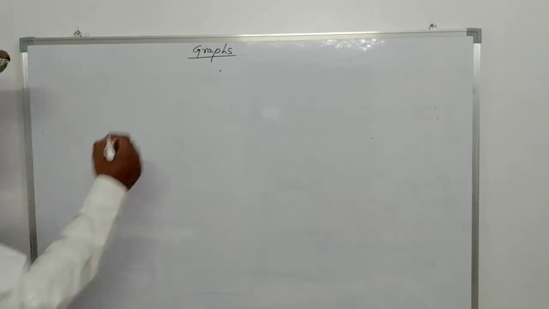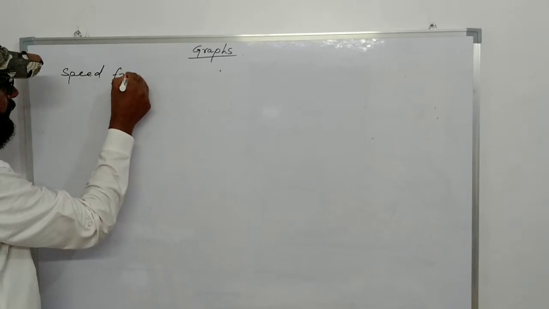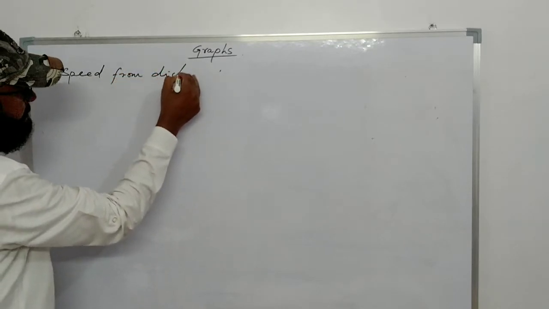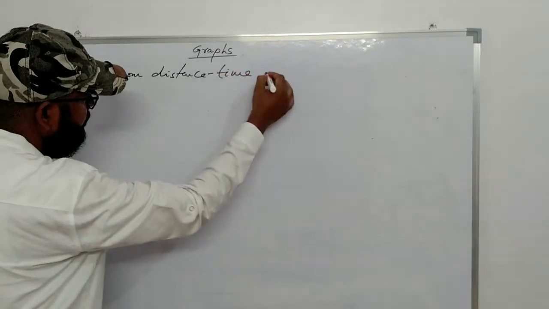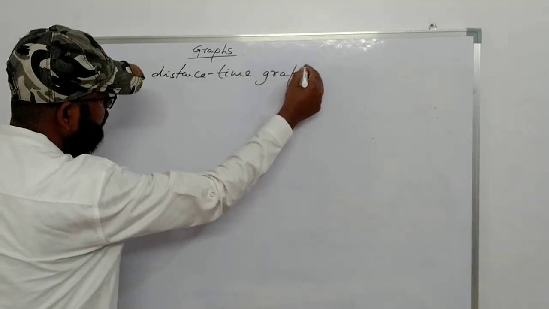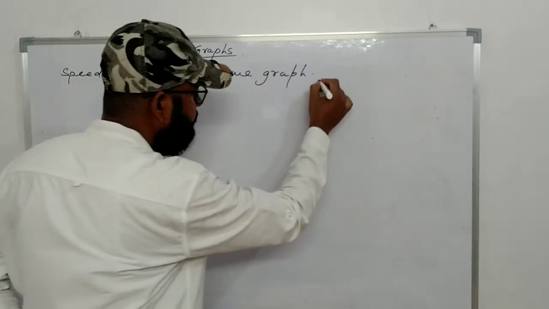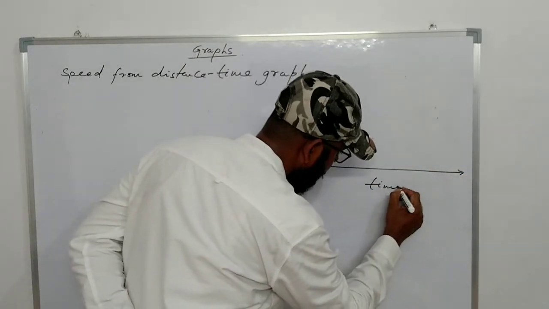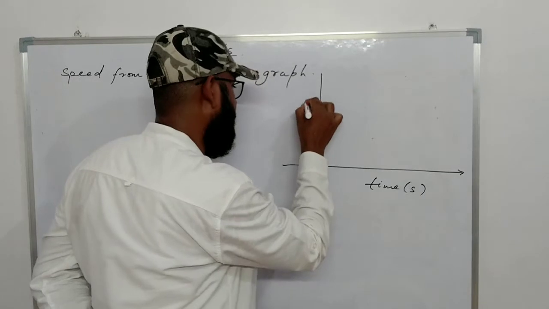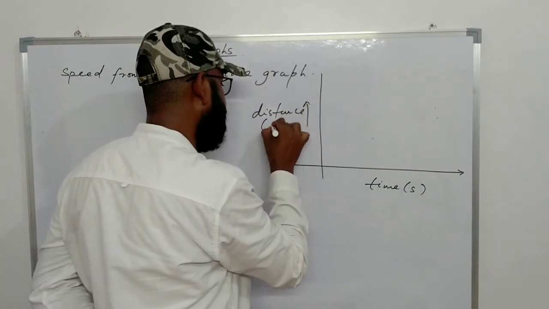Now, speed from distance time graph. Same, time in second, and here distance in meter.